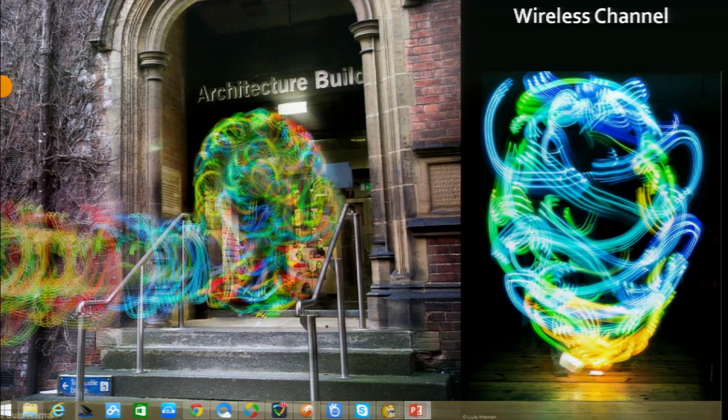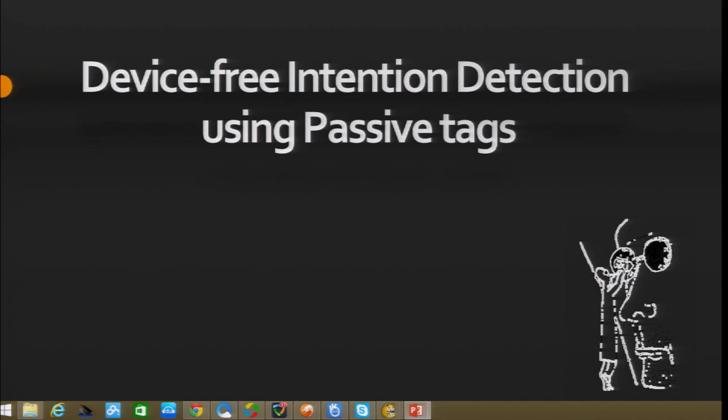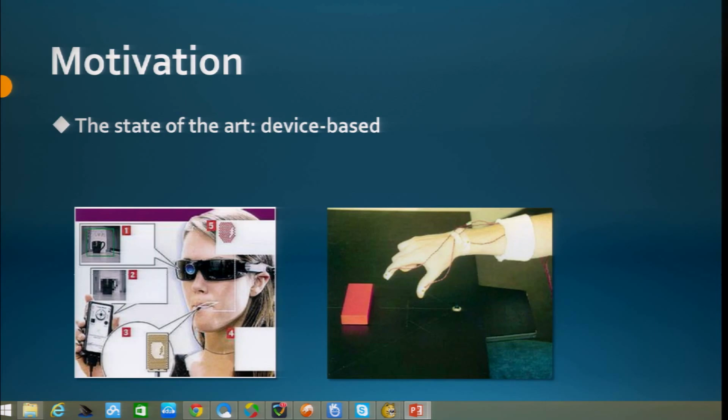Okay, the second channel I want to use is wireless signal. It's more related to your research, I think. This also uses passive, battery-free tags. We want to do intention detection. The idea is also very simple.